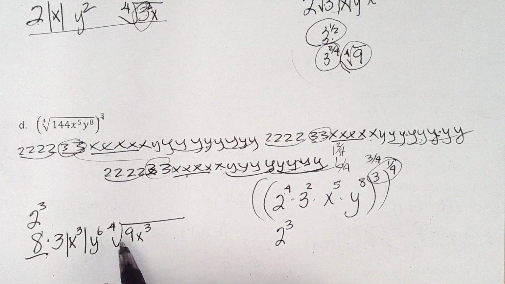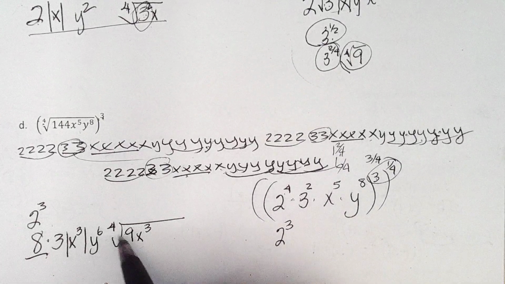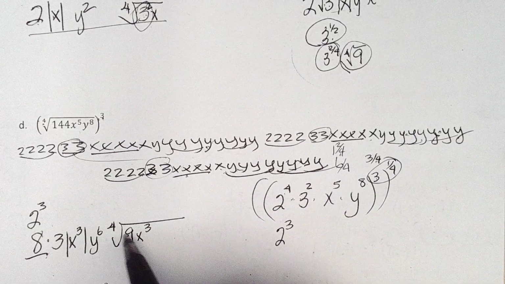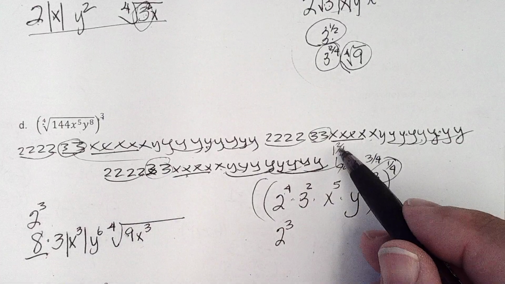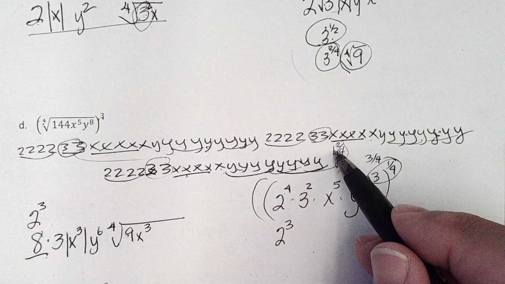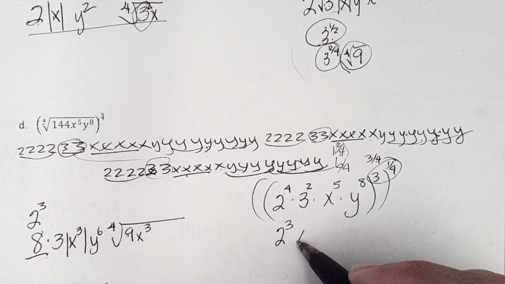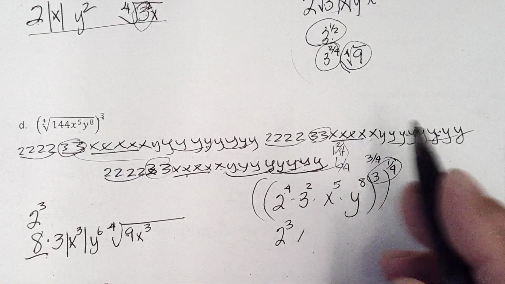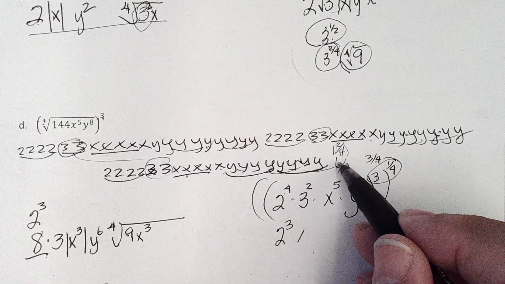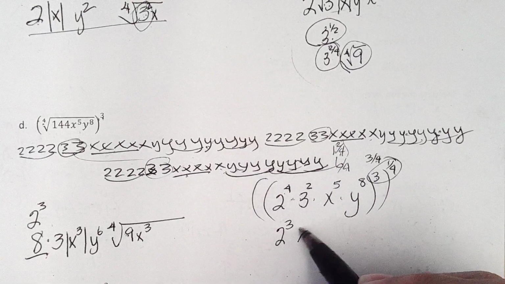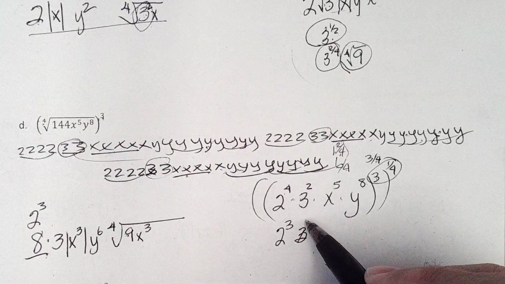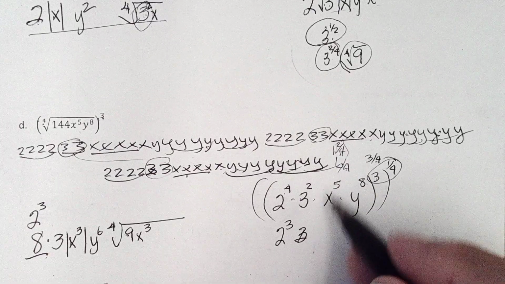So I could write it as 3 squared, 4th root for that part. No, I'm doing the 3's. 3 to the 6/4, which is 3 to the 1 2/4.